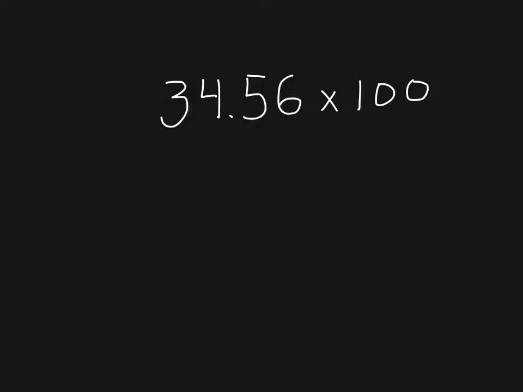But how many places? I see how many zeros there are, and there's 2, so my decimal will move 1, 2 places. What will that look like for my final number? 3, 4, the decimal has moved, 5, 6, and it moved right here.